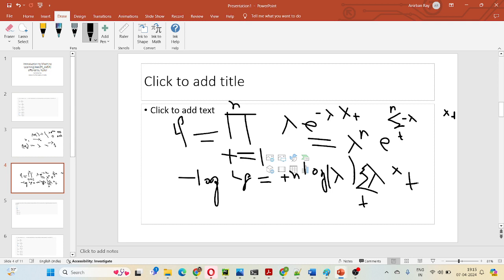So this is the negative log likelihood: n log lambda plus lambda times the summation over xt, and lambda is independent so it comes out. Then you have to take the derivative with respect to lambda and see what you get.